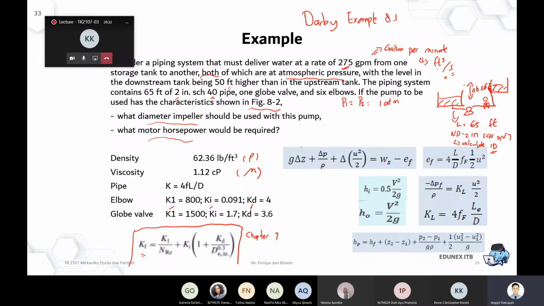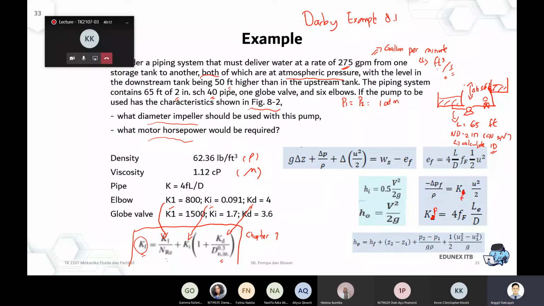Okay, so you can use that number, and that's the diameter itself, and calculate the Reynolds number. I think that's very straightforward. Once you get the KF, you can convert those into the other parts of the calculation. So that's not KL, that's KF. Okay, so you just have to combine all the friction parts as a total pressure drop.